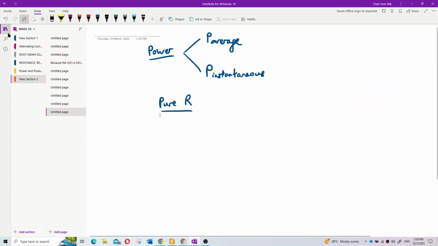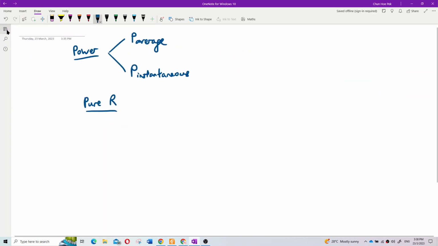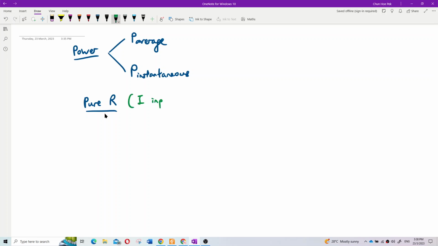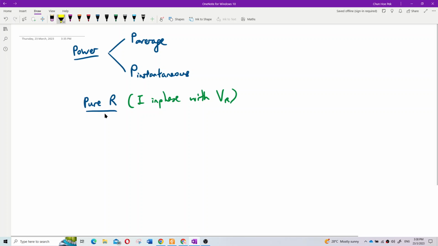Okay, for pure resistor, I just want to tell you that it's related to the previous part. For pure resistor, the current is in phase with the voltage VR. When in phase, that means what formula, class? The diagram is like this.